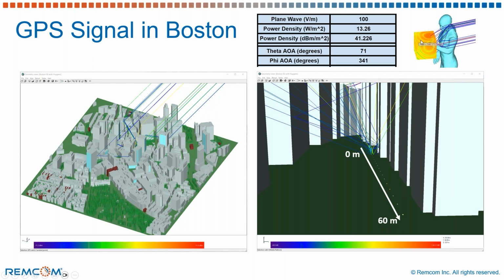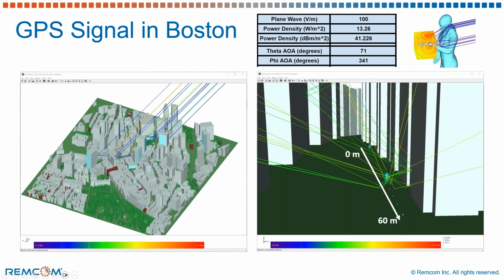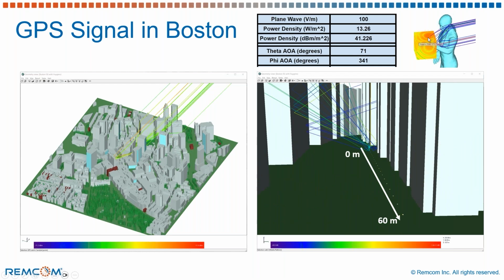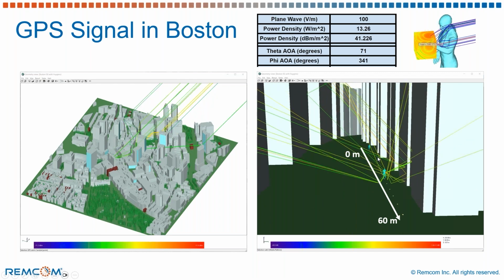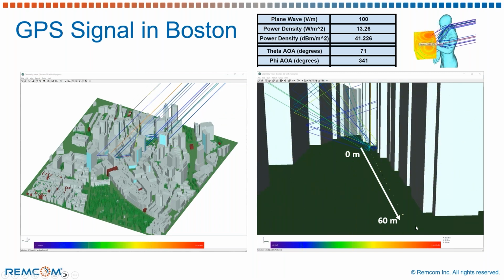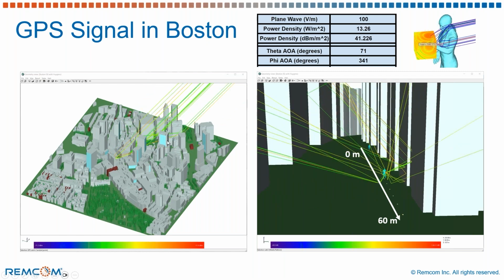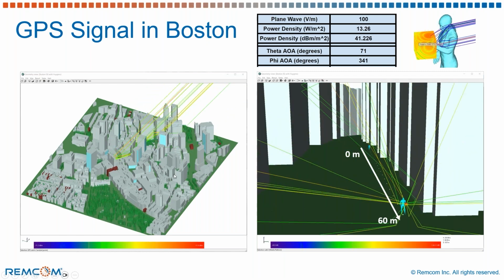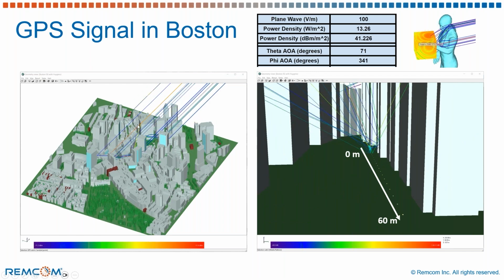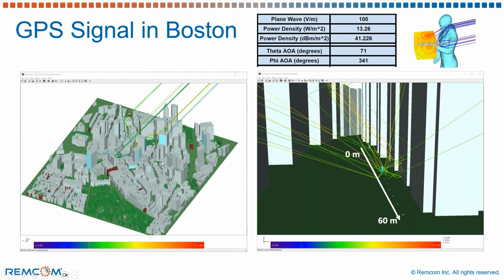Here's an example, similar scenario of a person with a watch. And we've taken that now and put it in a city scene. The person is walking about 60 meters down the city street, and we have a GPS plane wave shining down into the city. How do those paths change? Well, there's all sorts of interactions throughout the city, really all through the city.